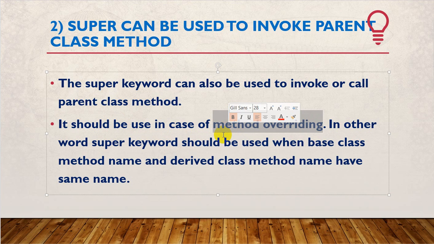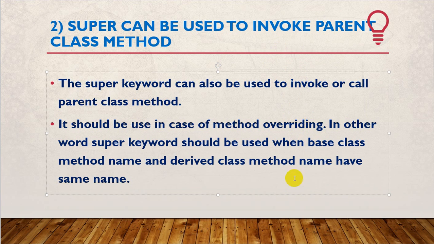Method overriding is one concept, and we'll discuss it in more detail in our upcoming slides. The basic thing is that overriding relates to methods, or functions. For example, there is a situation where the parent class and the child class both have a method with the same name.